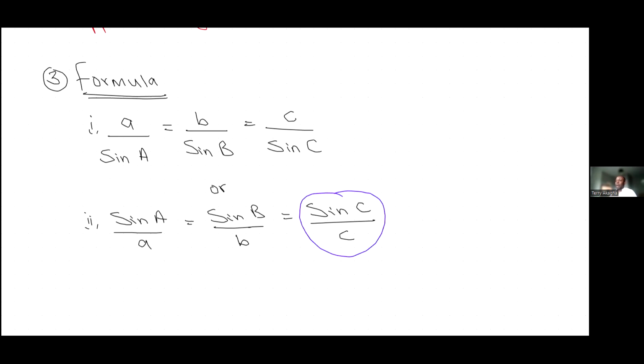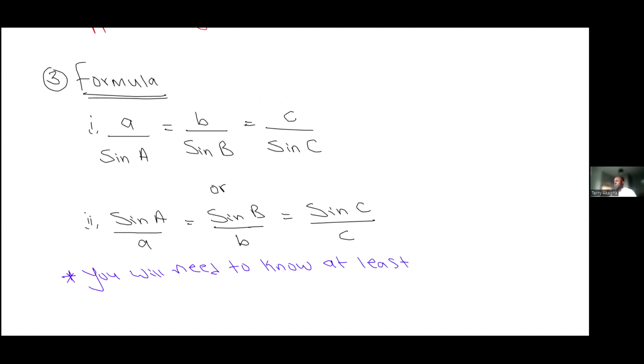So one of the things that you need to keep in mind here is that you will need to know at least one pair of a side with its opposite angle in order to use the sine rule.